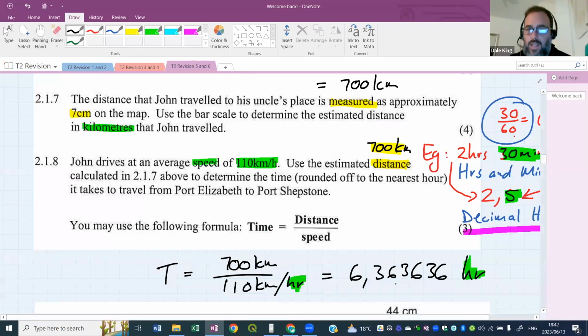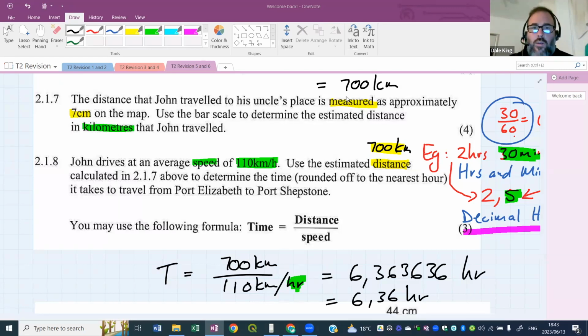Like I said, this formula gives you decimal hours. Look, there they are. We just need to round this off like you guys have done already. So it's 6.36 hours, and this is decimal hours. That's the answer for the question. Don't forget to round to the nearest hour.